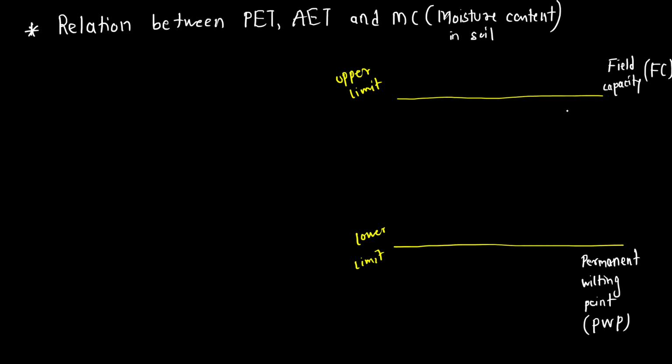Now first we will write down what is this field capacity and permanent wilting point. The first definition is about field capacity, FC.